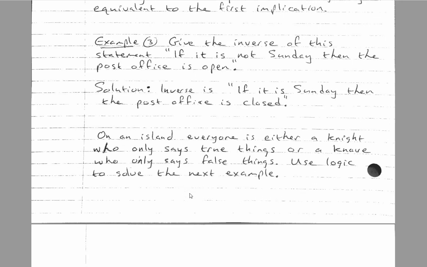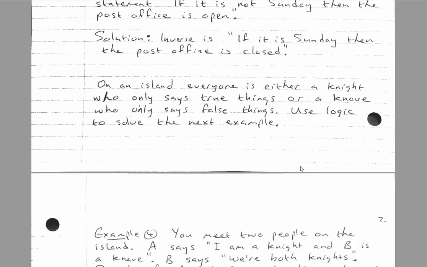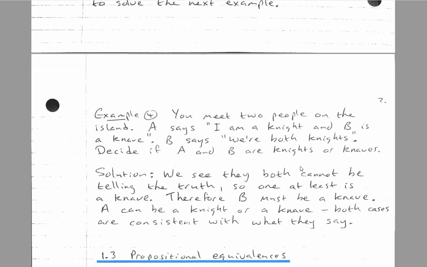We saw this application, the island of knights and knaves, where knights always say true things and knaves always say false things. Okay, so example 4, you meet two people on this island.